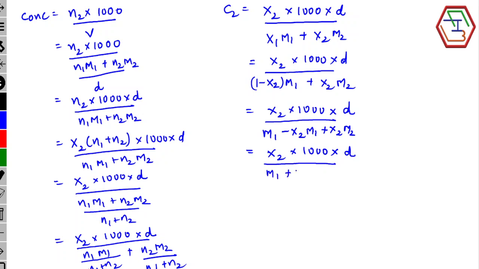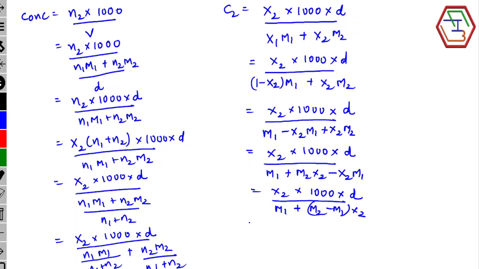M1 plus M2 x2 minus x2 M1. Bas rearrange the terms. x2 into 1000 into density, M1 plus M2 minus M1 x2 common.